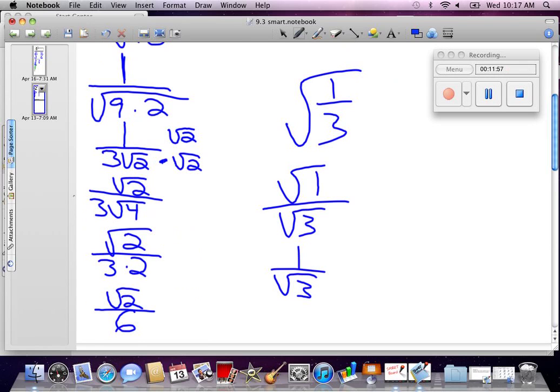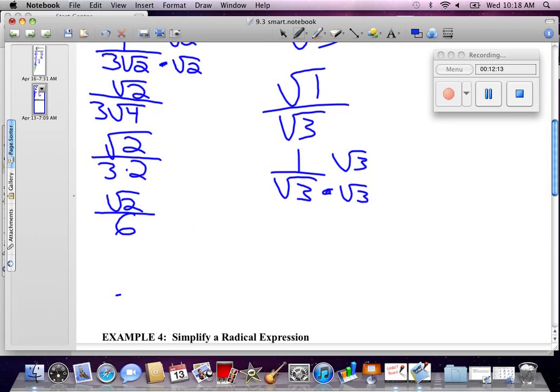Can I have a square root on the bottom? No. So I'm going to multiply the top and the bottom by square root 3, because 3 is what's inside my square root. So I get square root 3 over the square root of 9. And what's the square root of 9? 3. Square root 3 over 3 is your final answer.